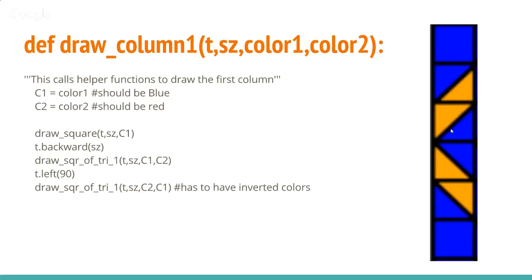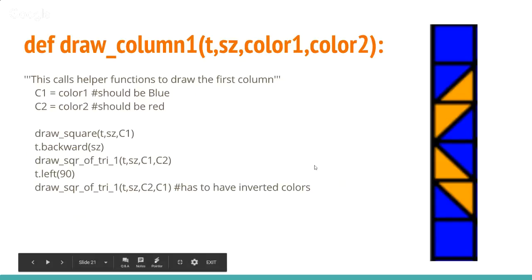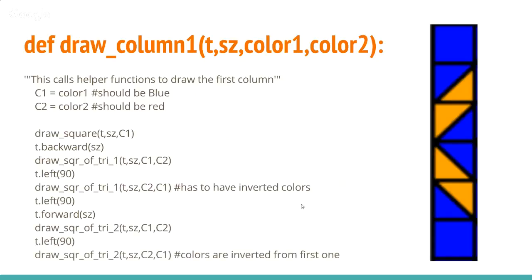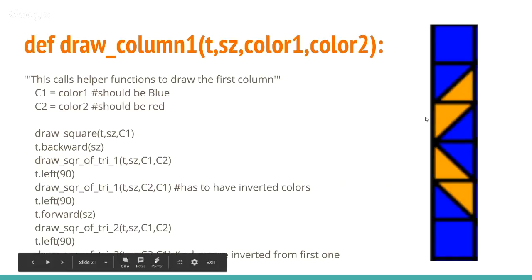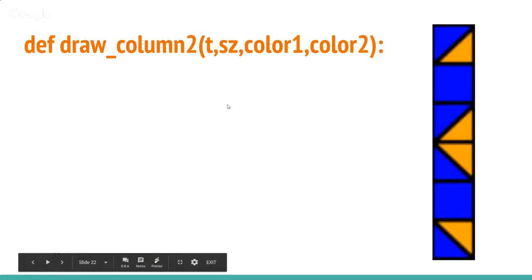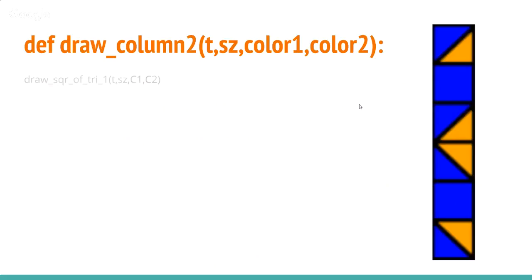The triangles are the same, but the colors have inverted. We do more positioning, and then we call a try 2. We do try 2 again. The color parameters are inverted. And then after that, we turn left. And then at the end of the function here, more positioning, and then we just draw the last circle on column 1.